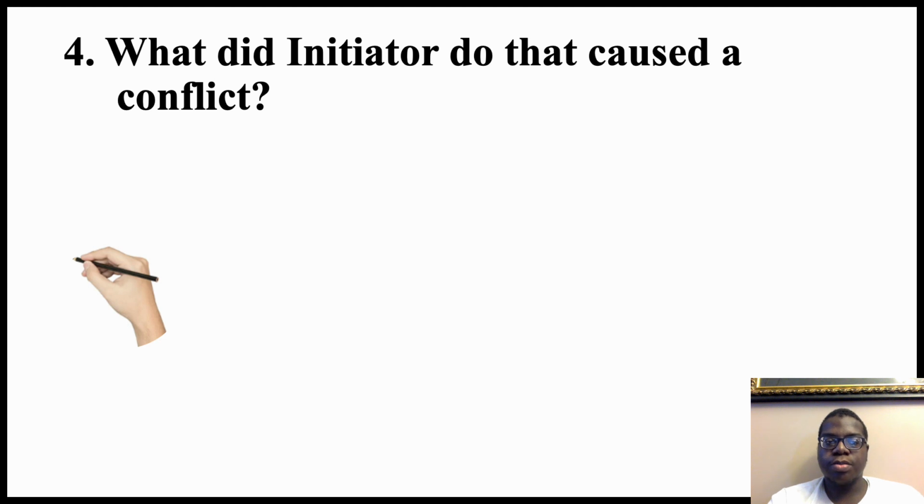Read the question. Question 4. What did initiator do that caused a conflict? Think back to the snippet. Remember the questions for the first 3 questions. Now reread those questions and answers to help see what is connecting them together. He flung papers in her face as she worked.